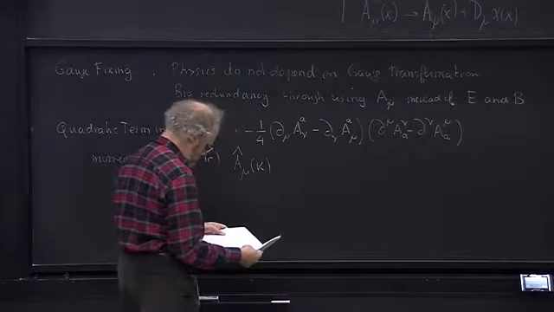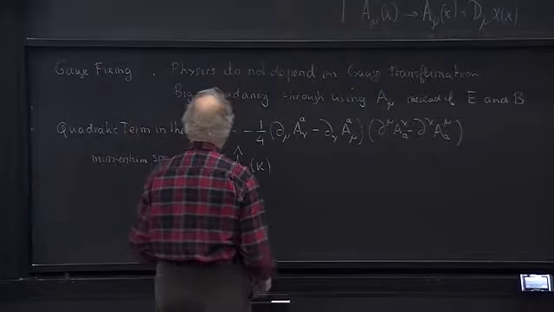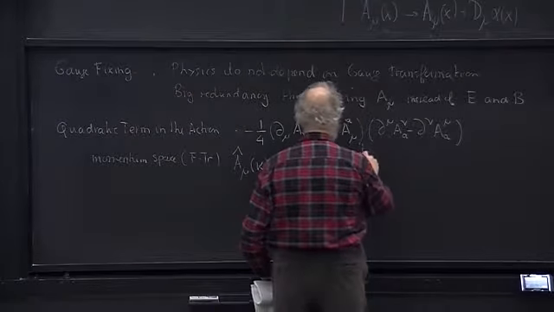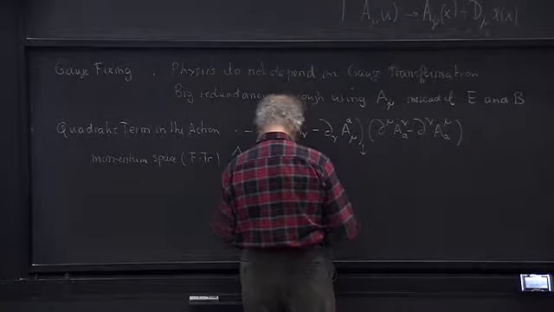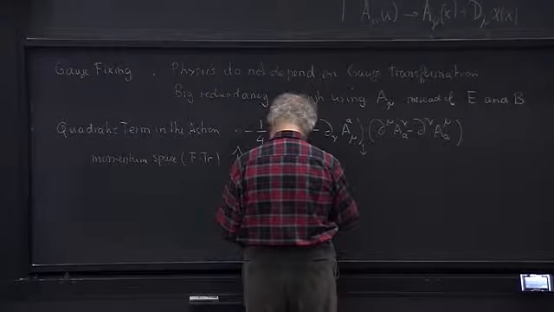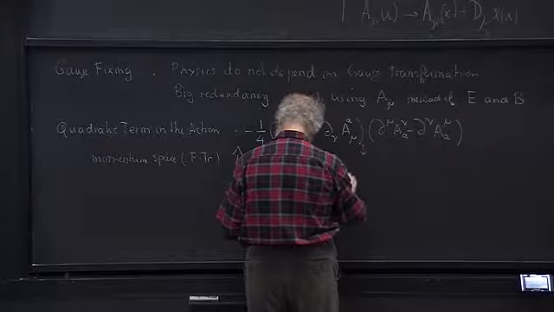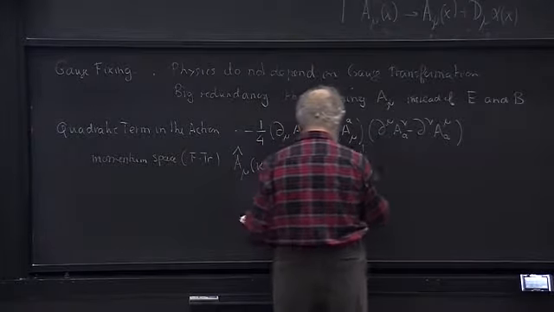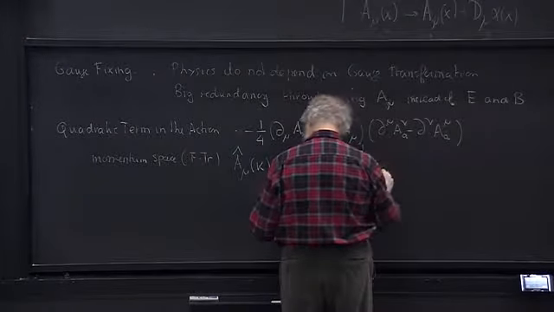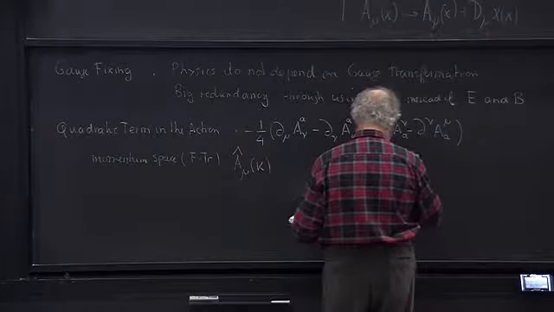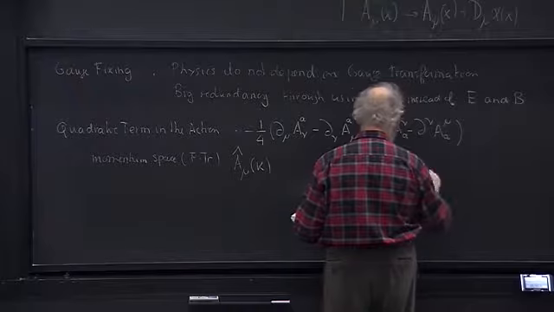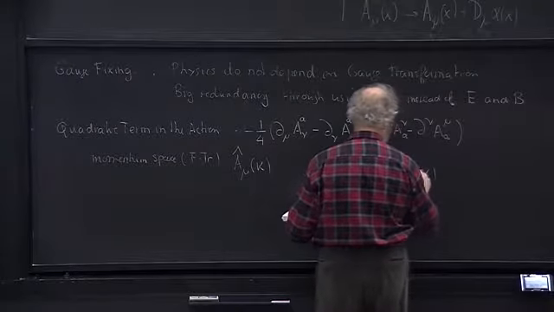Then this term becomes in Fourier space just a quadratic form, if I'm not mistaken, 1/2 of A mu of k, D mu nu of k, and A nu of minus k.